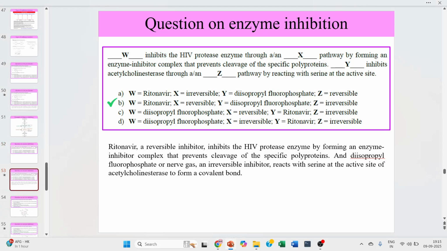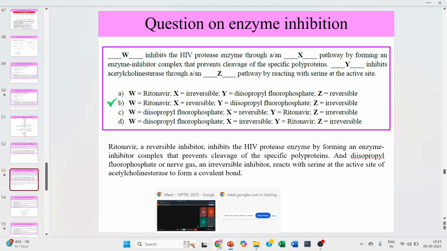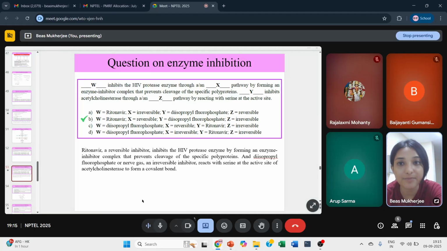Okay, let's see. Yes, so B is the right answer. Why? Because ritonavir is a reversible inhibitor that inhibits HIV protease by forming an enzyme inhibitor complex that prevents cleavage of specific polyproteins, and diisopropyl fluorophosphate, or nerve gas, is an irreversible inhibitor and it reacts with serine at the active site of acetylcholinesterase to form a covalent bond.